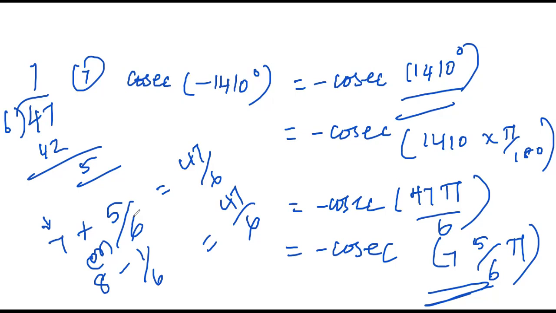No. It will be either 7 plus 5 by 6 or 8 minus 1 by 6. So you have only 2 options. It would always go up to the very next even number. Okay.